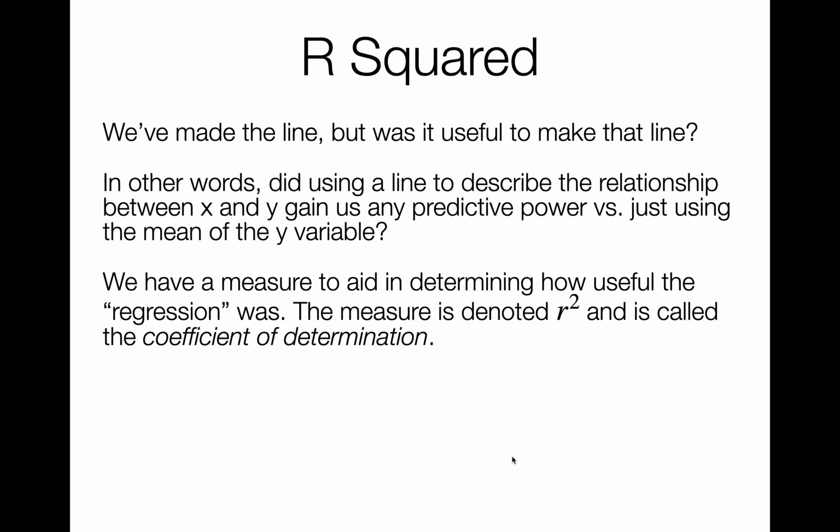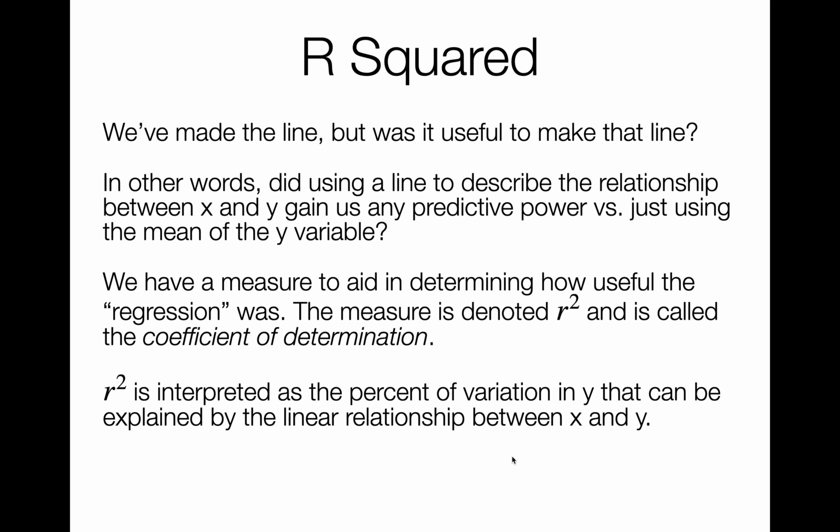And I measure that by something called r squared. It's called the coefficient of determination. So r squared is the coefficient of determination. It's interpreted as the percent of variation in y that can be explained by the linear relationship between x and y. Again, it gets back to the in other words that I talked about above.